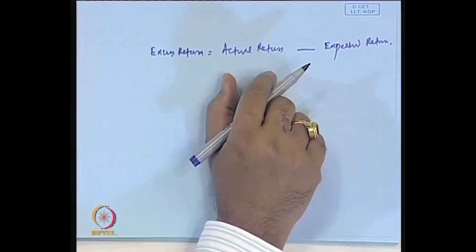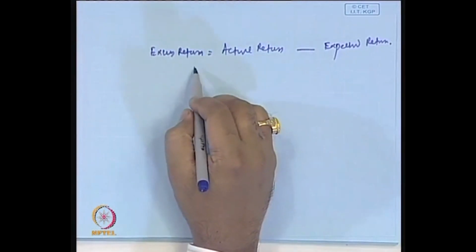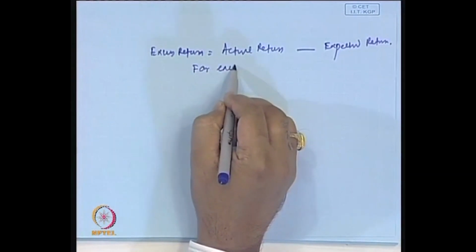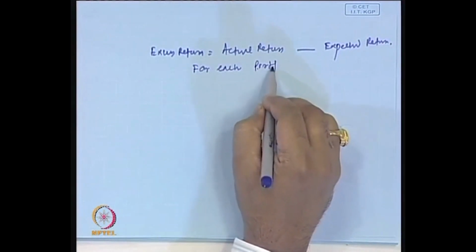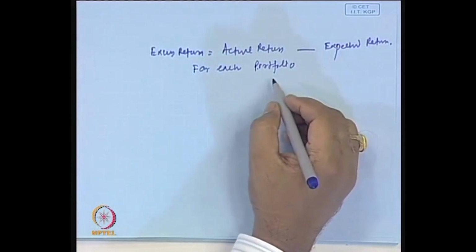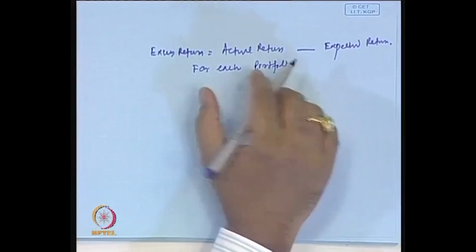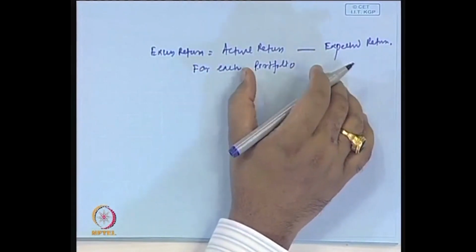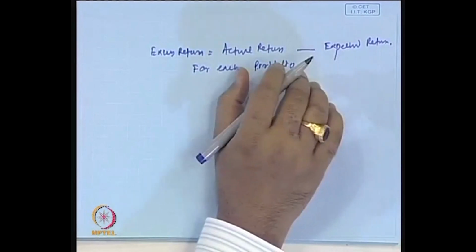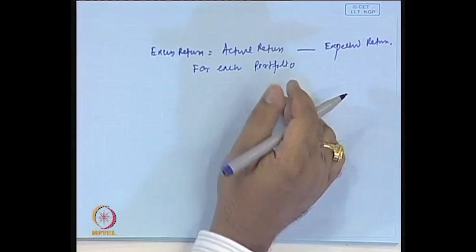Once the excess return is calculated for each type of portfolio, whether it consists of high price earning ratio stocks or low price earning ratio stocks, you test whether the excess returns are different across the portfolios or not.